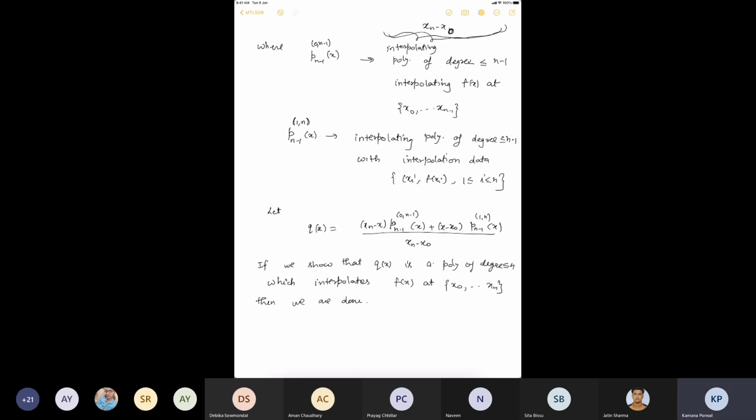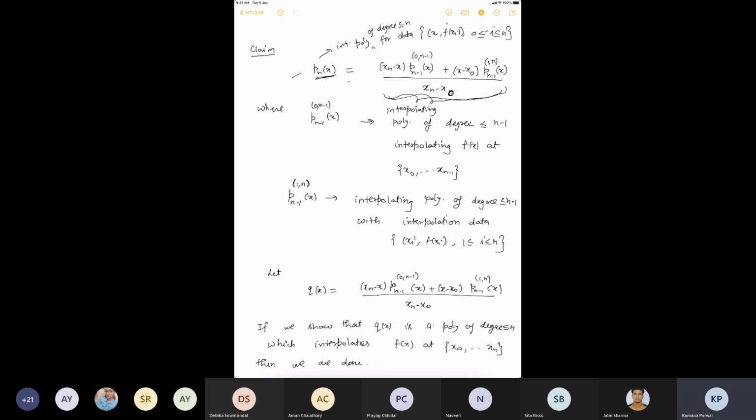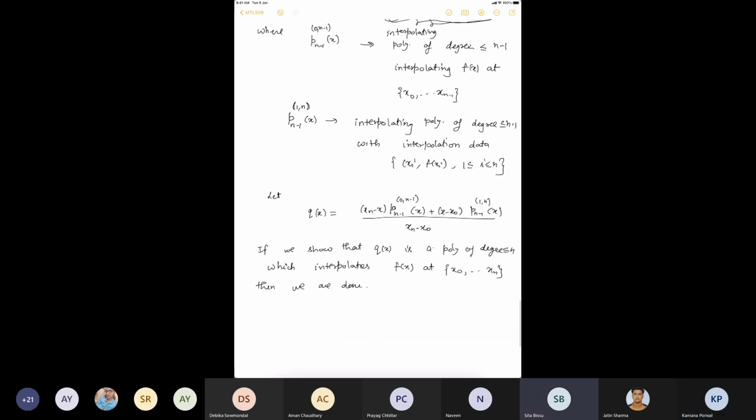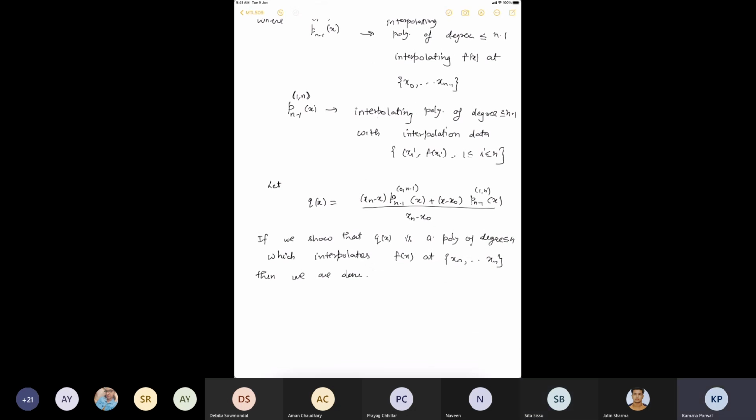Because then this equality will follow from the uniqueness of the interpolating polynomial. Are you all agreeing with this? Yes, ma'am. Okay.